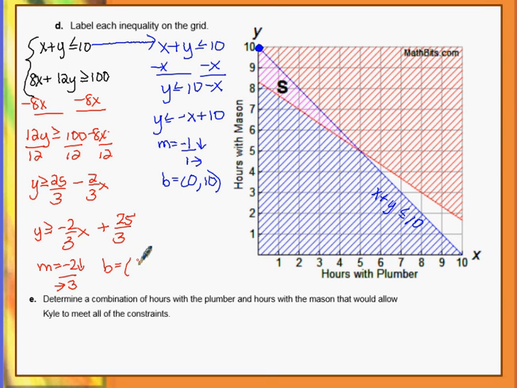So my b would be at 0, comma 25 over 3, which is approximately a little higher than 8, which is right here. And then does it appear to be going down about 1, 2 over 3? It does. Okay, so now I think it's safe to say we can label this one 8x plus 12y is greater than or equal to 100.